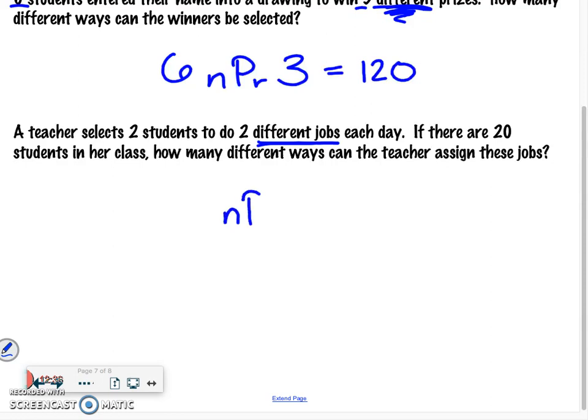Like I said, they're different jobs, order matters, permutation. We have our big group of 20 total students and we know that we're choosing 2. So really that 2 comes from here. It's 2 students and 20 students. So 20 nPr 2, you should end up with 380 different ways.